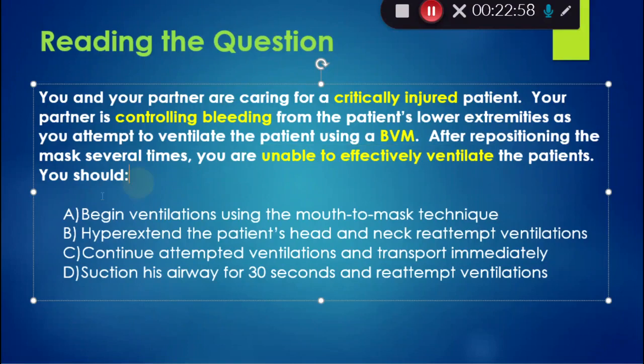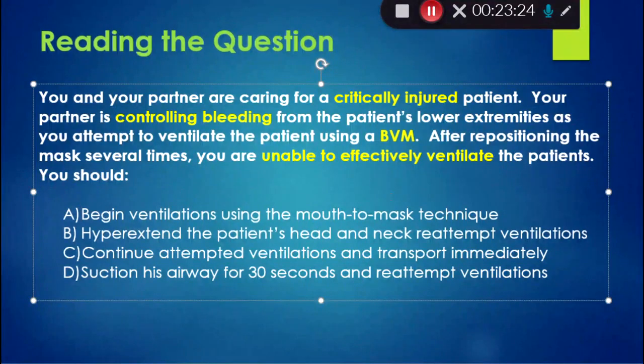Okay, so I'm at the primary assessment part. Okay, we've identified there's a circulation issue. My partner's taking care of that. I've recognized that my patient is either not breathing or not breathing adequately because I've opted to go to a BVM to ventilate for positive pressure ventilation.